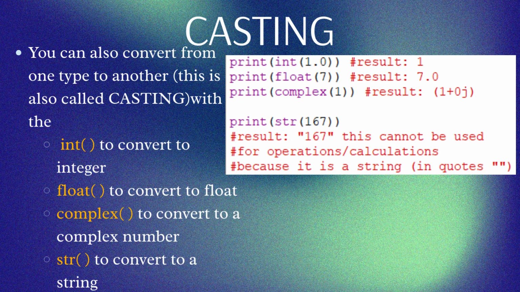And if you put 167 inside the string parentheses, you're going to get 167 but inside quotes. Now note that when the number becomes a string, you cannot use it for operations or calculations anymore because it is a string in quotes.